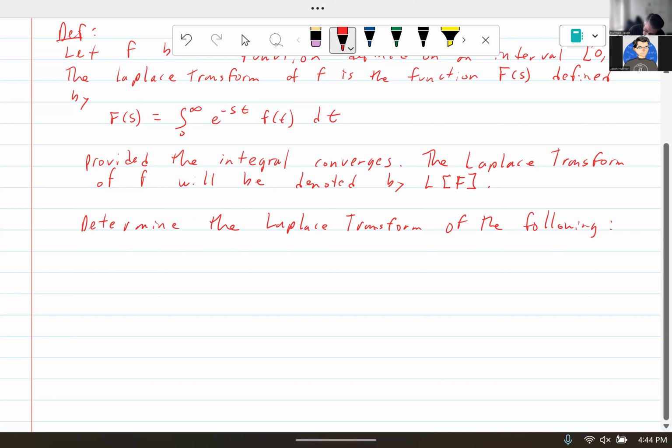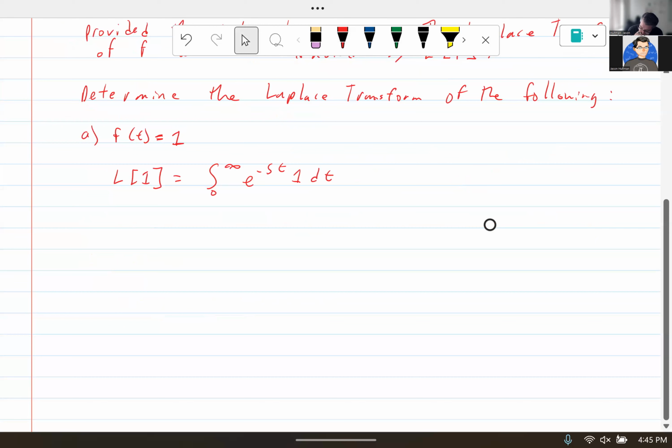Okay, A. f of t is equal to 1. So we'll call that L of 1, which is equal to the integral from 0 to infinity of e to the negative st times 1 dt. Okay, so s is just treated as a constant here.